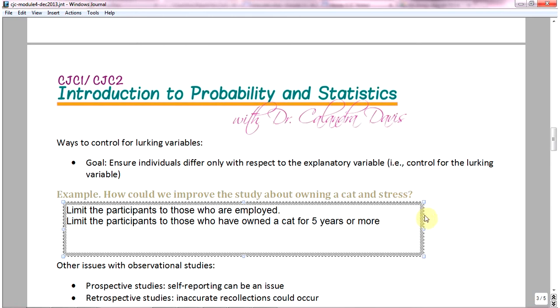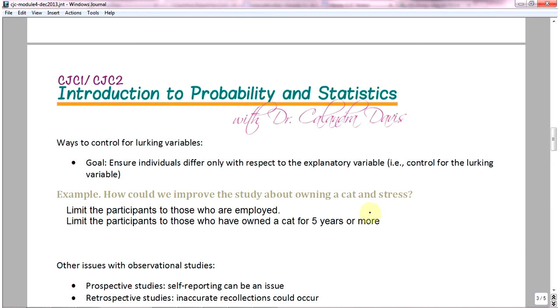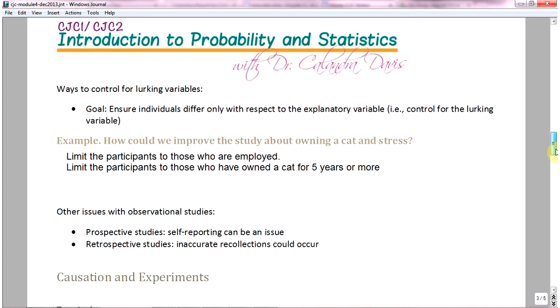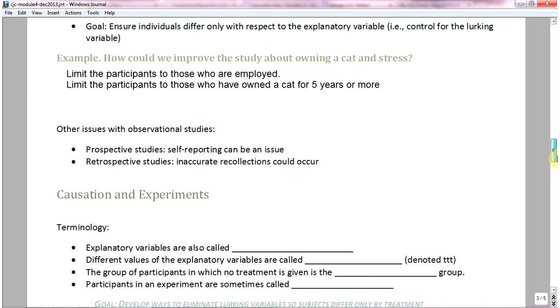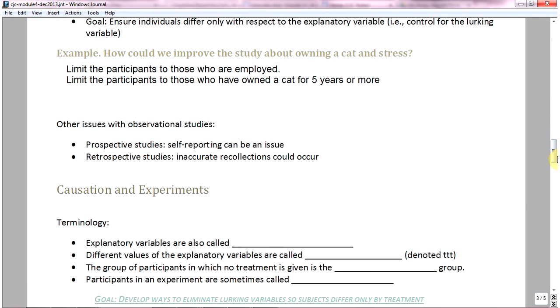So those are just two ways that we can control for some of the lurking variables, so that way we have a more homogeneous group that we're looking at, and fewer variables to explain the result than just owning a cat.